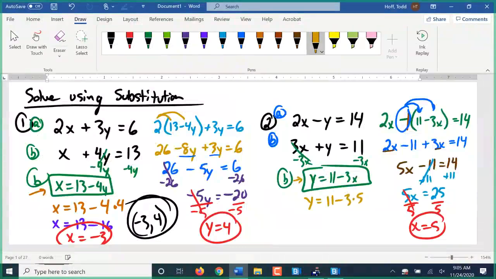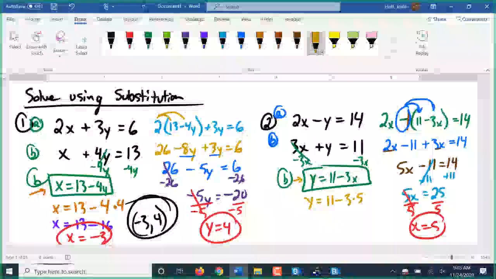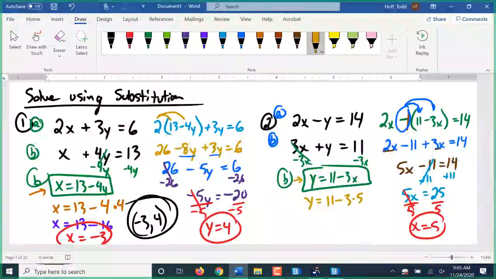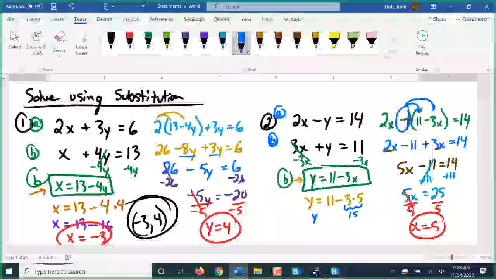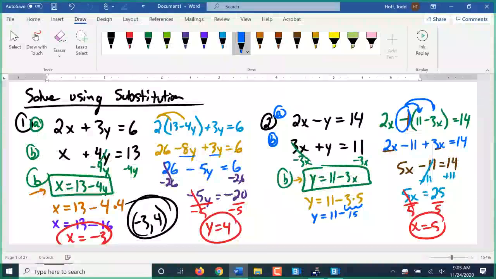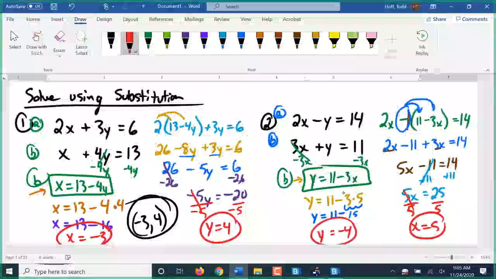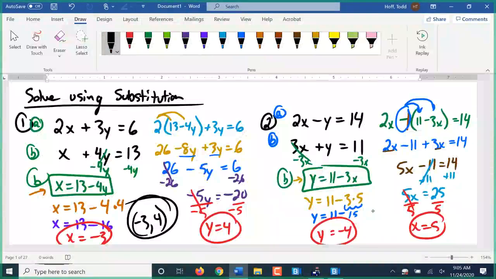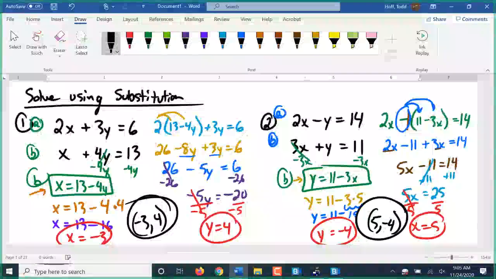So 11 minus 3x becomes 11 minus 3 times 5. 3 times 5 is 15. So y equals 11 minus 15. 11 minus 15 is negative 4. So y is negative 4. So our solution here, x is 5 when y is negative 4, giving us that ordered pair 5, negative 4.